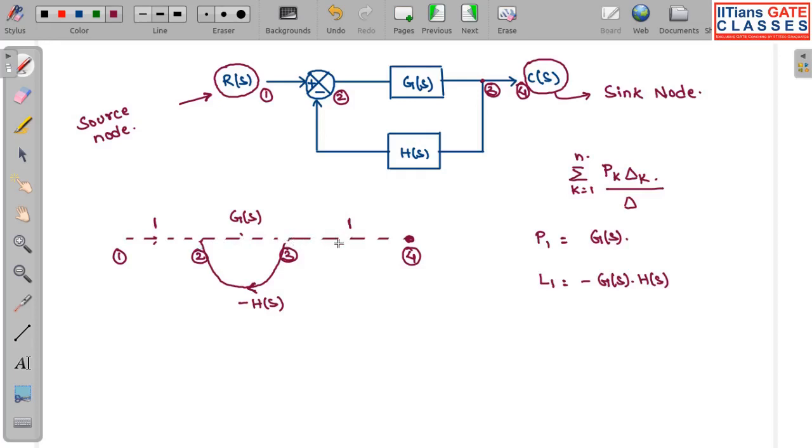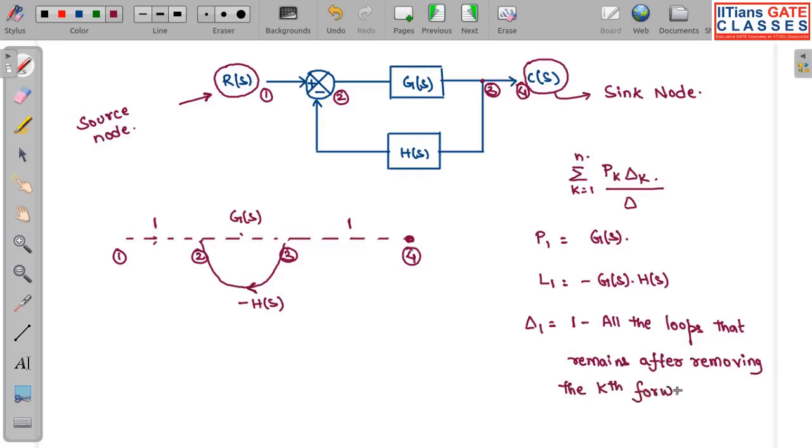So associated path factor is actually 1 minus all the loops that remain, after removing the kth forward path. I will write it below.